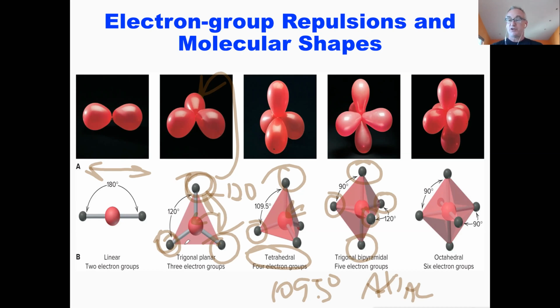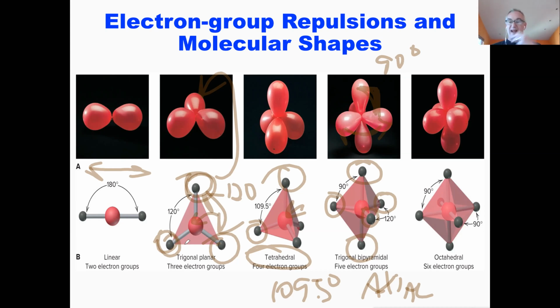And so there are 2 different angles here. One, there's a 90-degree angle between the axial and the equatorial. And then there's that same 120-degree angle between all the 3 around the equator.